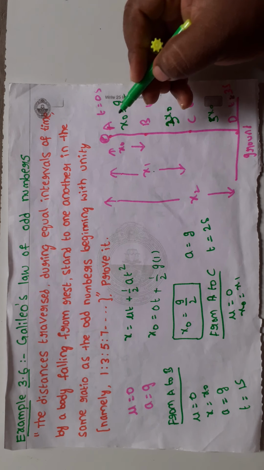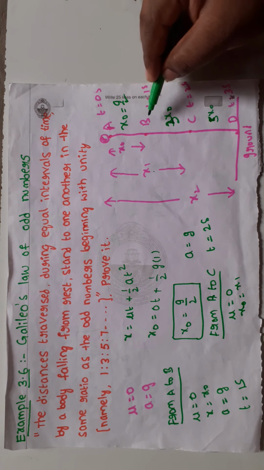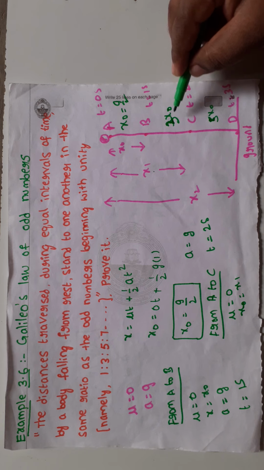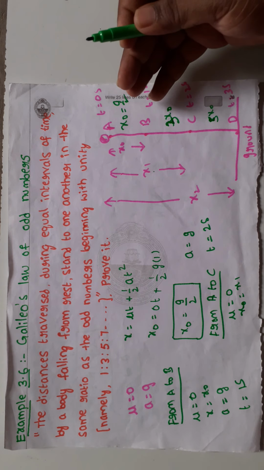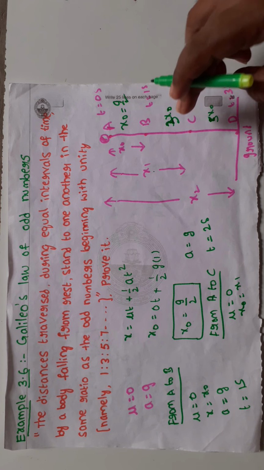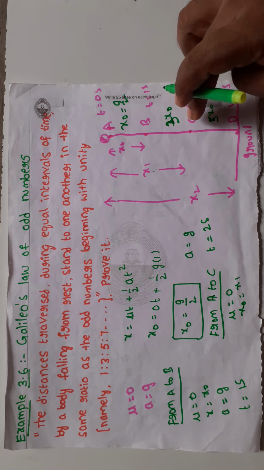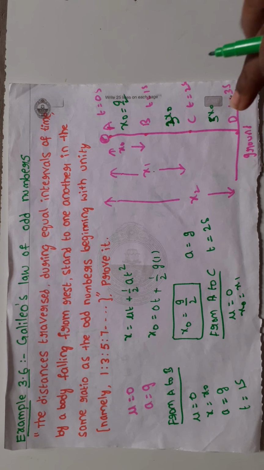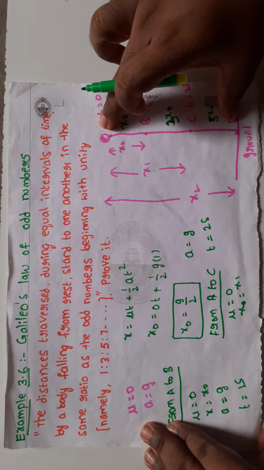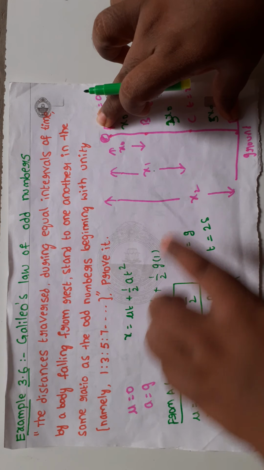So see the diagram. From A to B distance x naught, B to C distance is 3 x naught. So this is also an odd number. Next, what about the C to D distance? C to D means, total distance is x2.